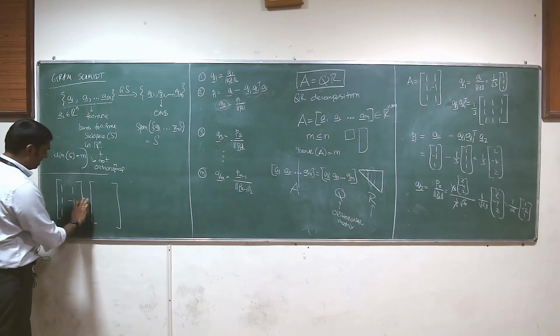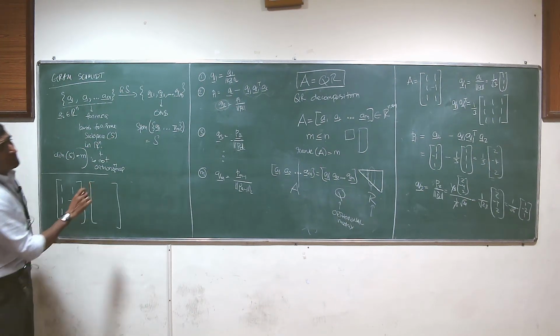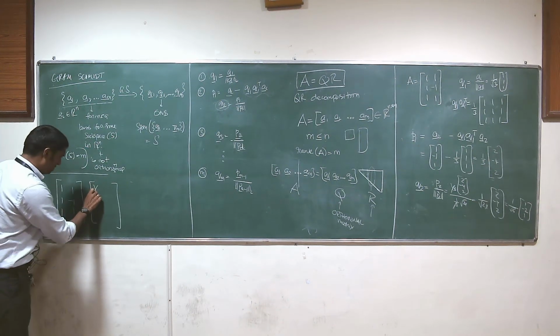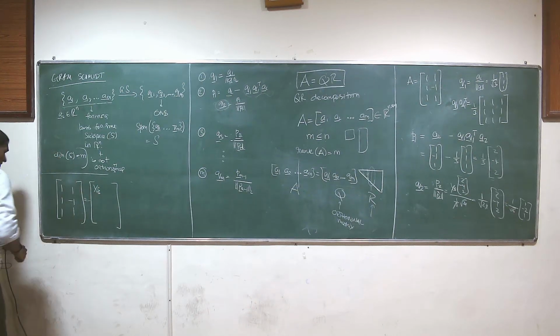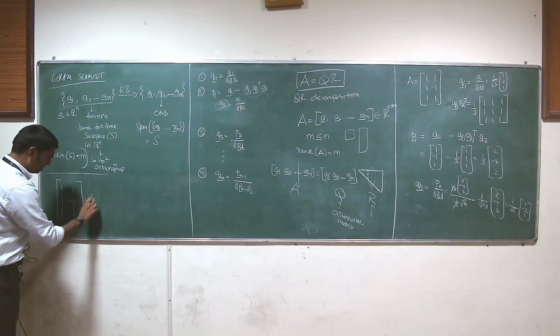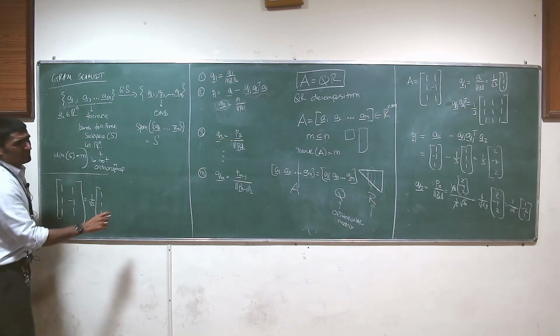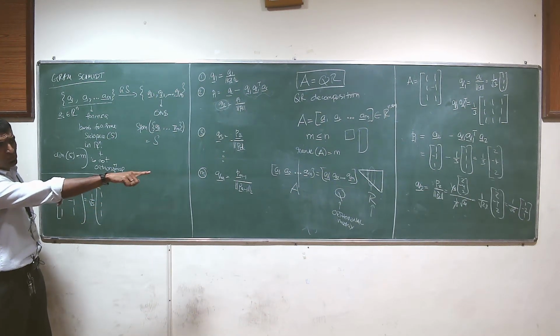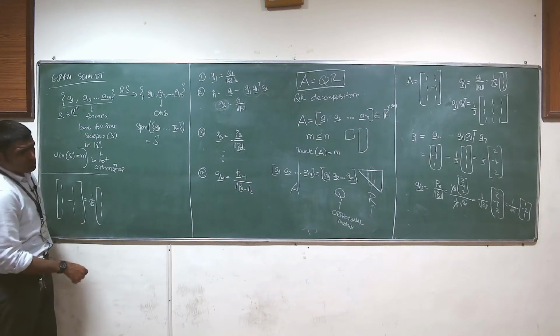Q is there. Okay. It's 1 by root 3. In fact, we can do one thing. We can take the 1 by root 3 outside. We've taken 1 by root 3 out of 1 by root 6, so it will be 1 by root 2.